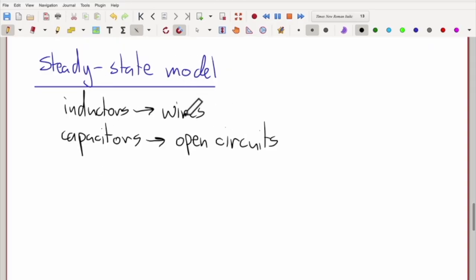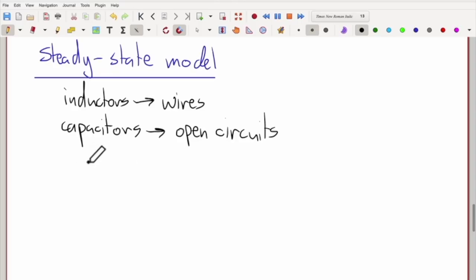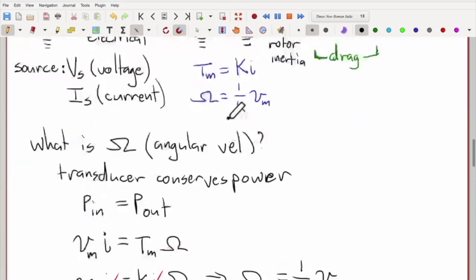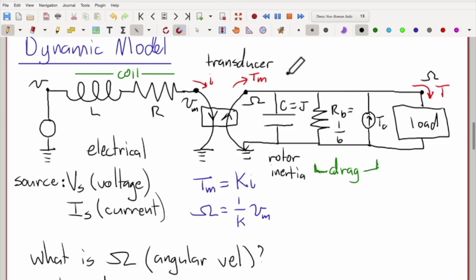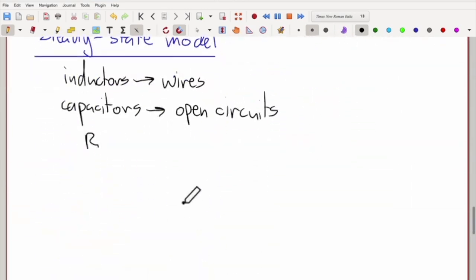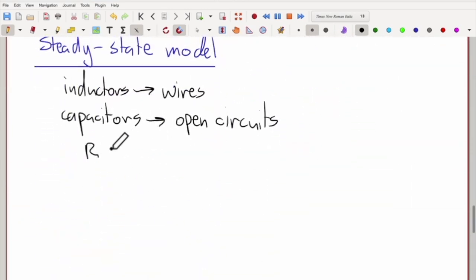And one other thing: we're going to remove the complexity of the transducer and do everything in the mechanical domain over here. So in this case, the resistance R in the mechanical domain becomes R over K squared transduction.